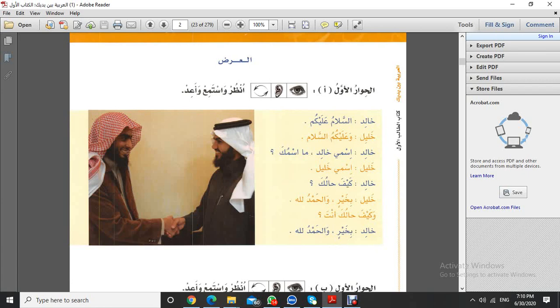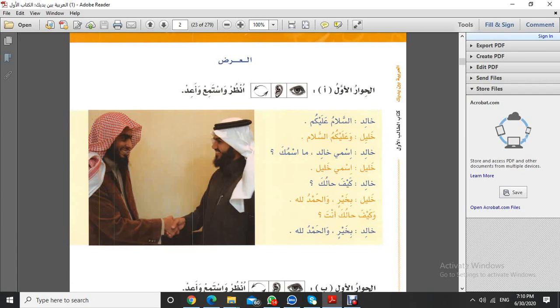While you're watching the book on your laptop, computer or phone, you repeat the sentences, presenting yourself as Khalid and Khalil. After practicing being Khalid and Khalil, you'll practice as yourselves, just like I'll practice being Afifa. So this is how you'll practice, inshallah, and gradually you will understand.